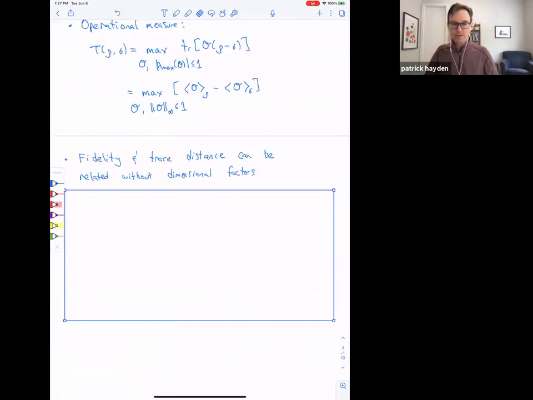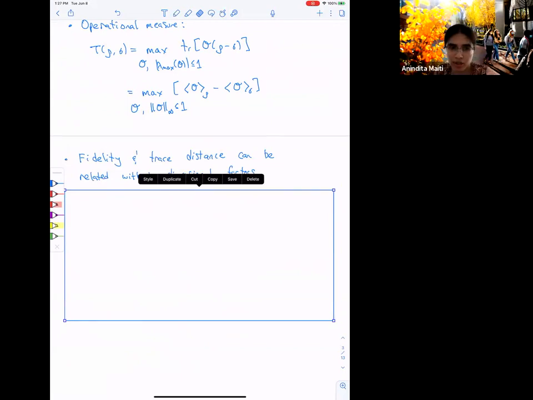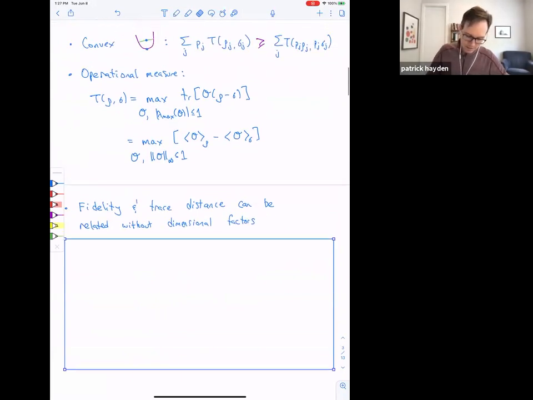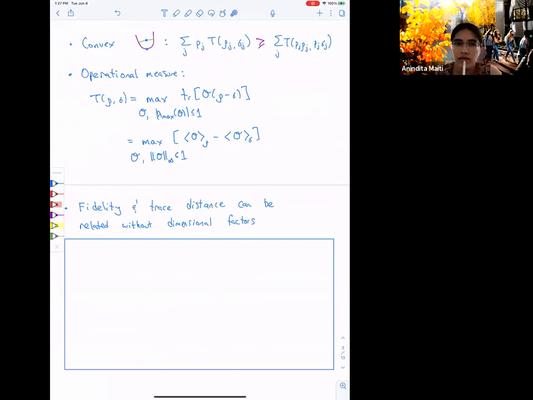Can I ask a quick question? Sure. What does the infinite subscript mean for the norm in the last line? You mean this subscript right here? Yeah.